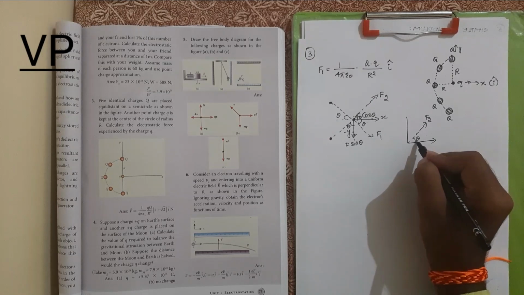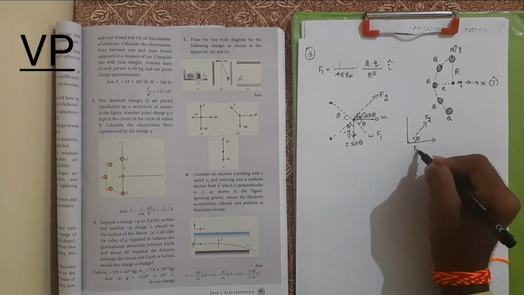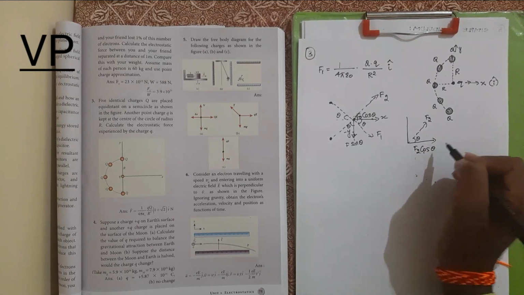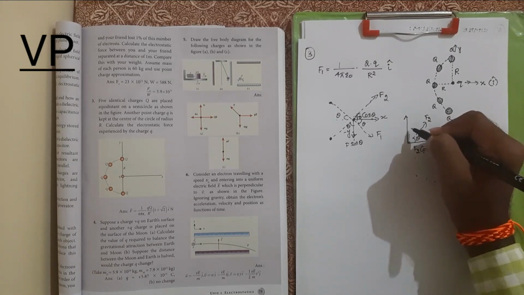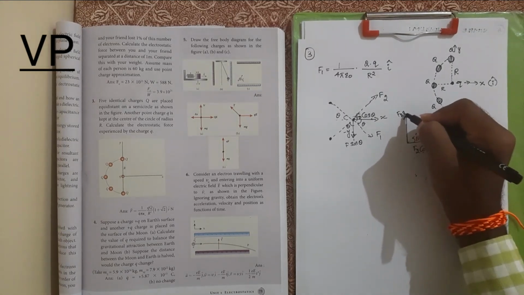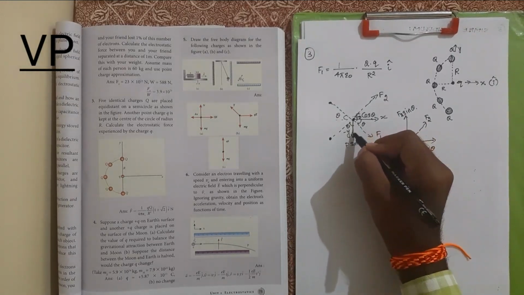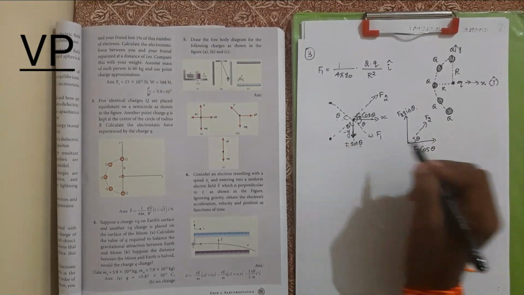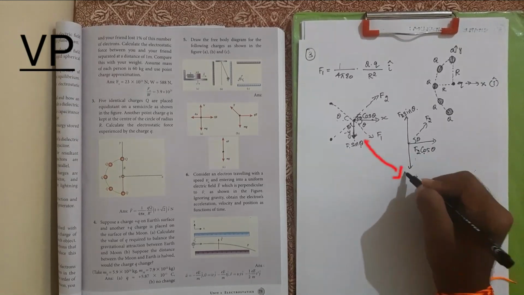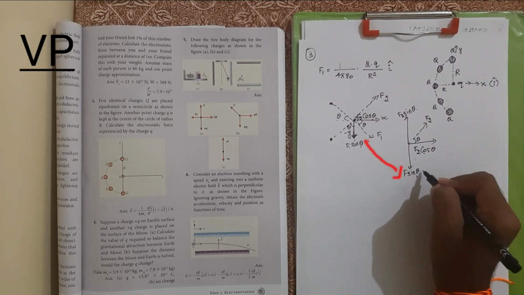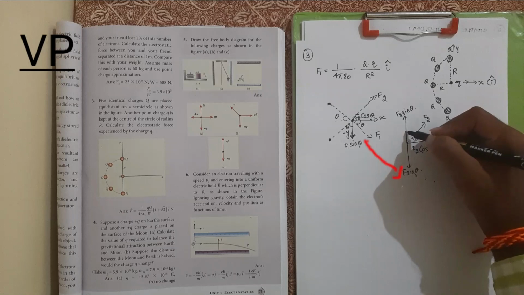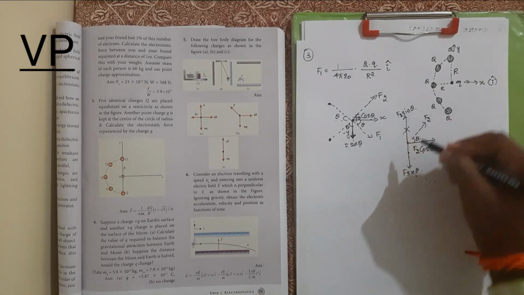So theta is here. This is the F2 cos theta component, and this is the F2 sine theta component. You may note that there is one more F sine theta component here, such that they are of equal magnitude and in opposite direction, so they cancel out.